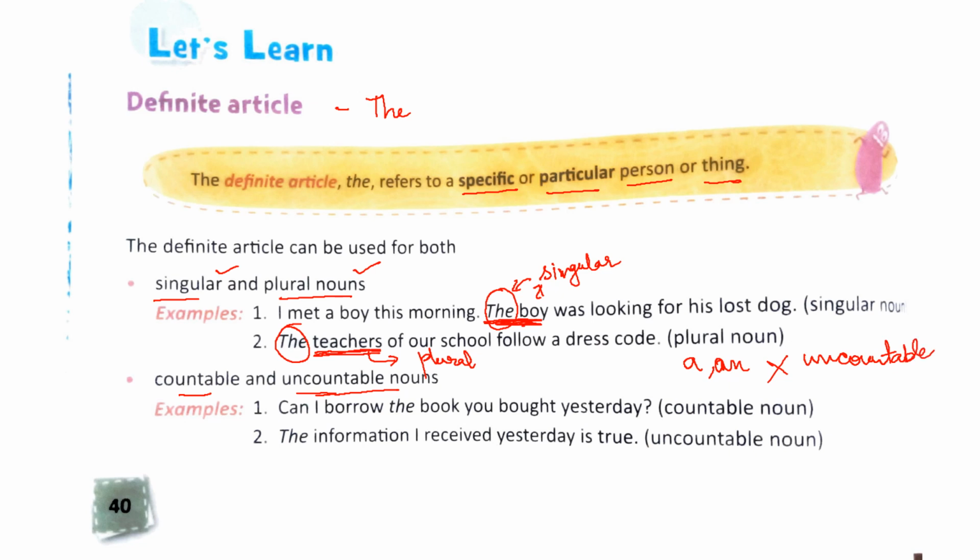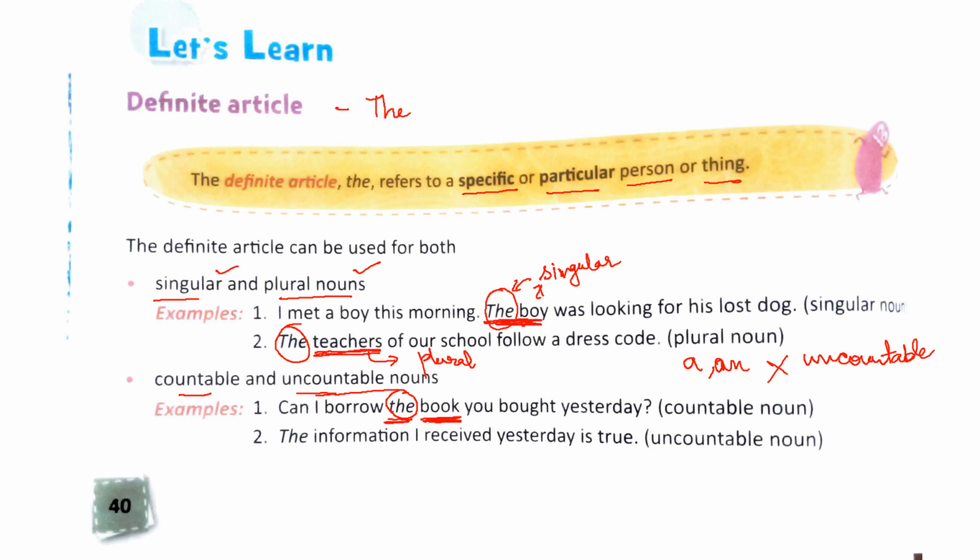But in case of the, you can use it with both uncountable and countable nouns. Let's see the example given here. First one: "Can I borrow the book you bought yesterday?" Here the is placed before the noun book. Now book is countable, you can count books. So in this sentence the has been placed before a countable noun.